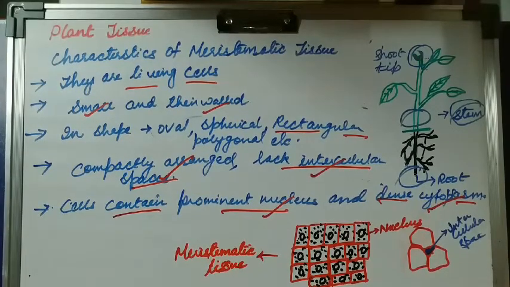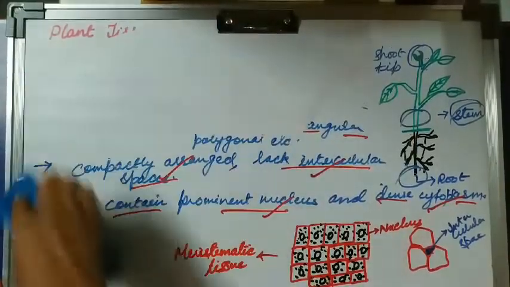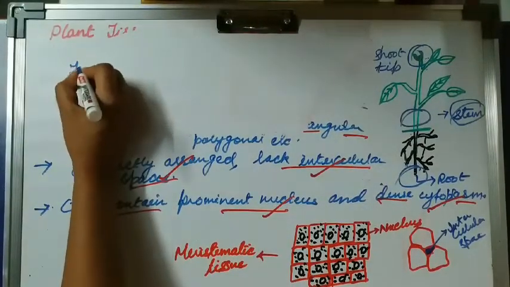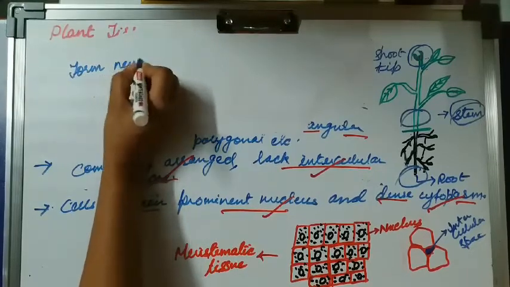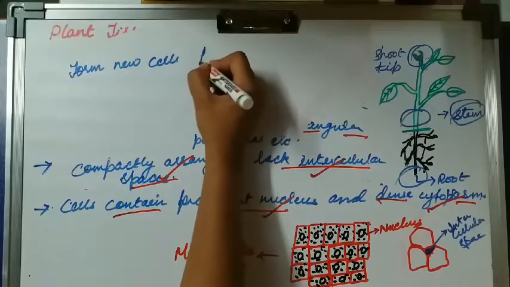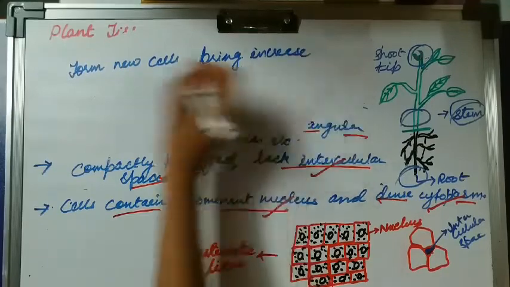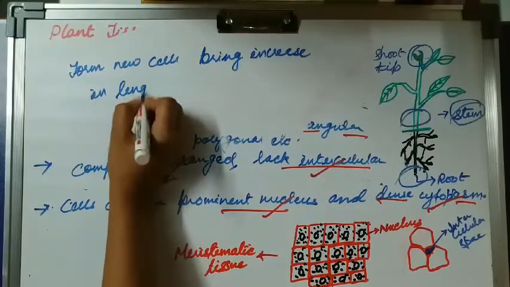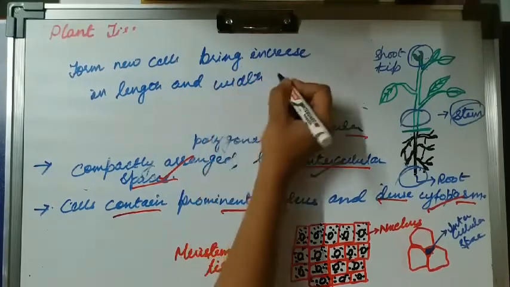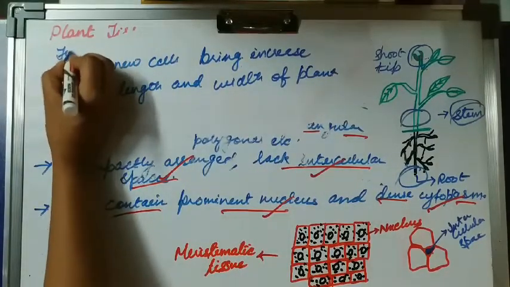The function of the meristematic tissue is to form new cells and bring an increase in length and width of the plant.